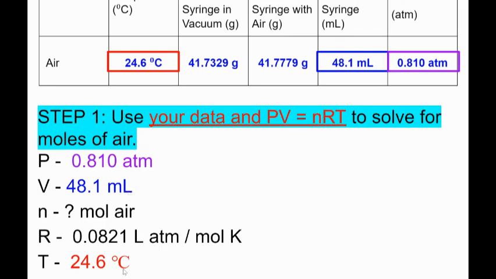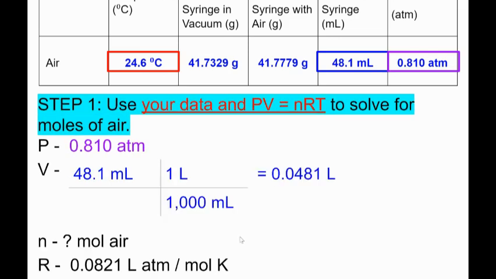And we also need to get out of Celsius and to Kelvin to get those units to match up. Let's start by converting milliliters to liters. There's 1,000 milliliters in 1 liter. So if we divide by 1,000, milliliters will cancel out and we will have our measurement in liters. And then to get from Celsius to Kelvin, we simply need to add 273.